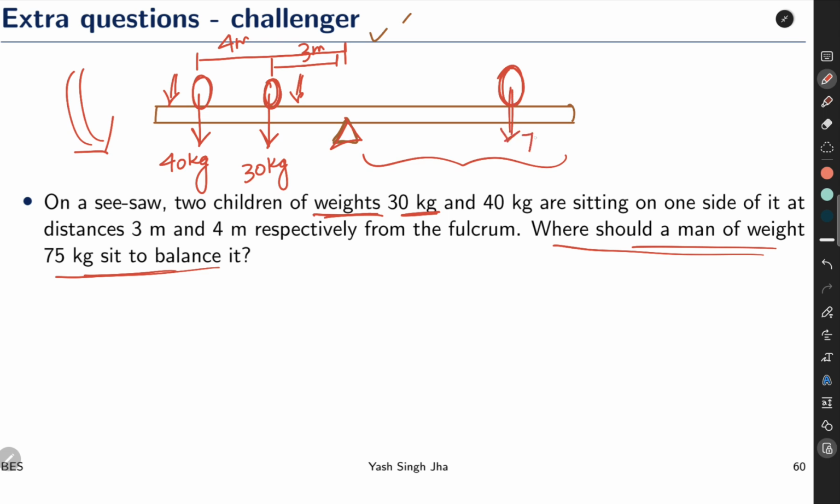The weight is 75 kg, and I want to find out where he should sit. Let the distance between the fulcrum and the force be x.